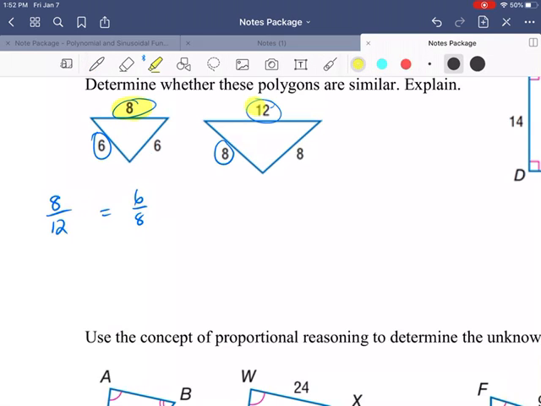Okay, so 8 and 12 we're going to compare, and 6 and 8 we're going to compare. So the left side here works out to 0.66 repeating, and the right side works out to 0.75. Well, is 0.66 the same as 0.75? They're not equal. Therefore, these two are not similar.